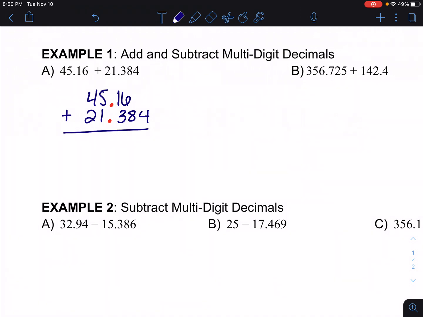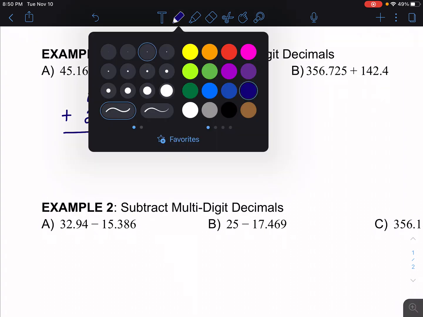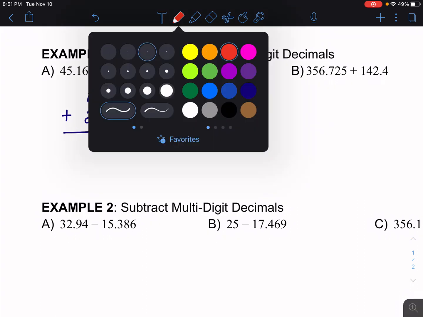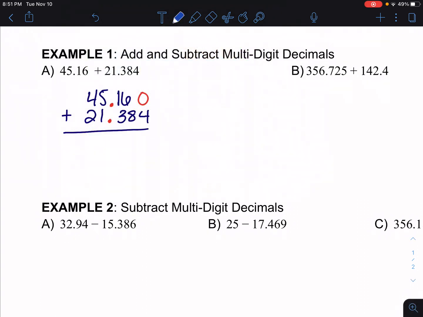The 45.16 does not go all the way to the thousandths place, so I can add a placeholder 0. I'm actually going to add that in a different color. And then we're going to add straight down the columns. So 0 plus 4 is 4. 6 plus 8 is 14.